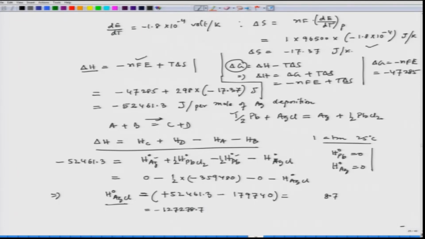So, this is in joule, this is the value of the enthalpy of formation of AgCl.